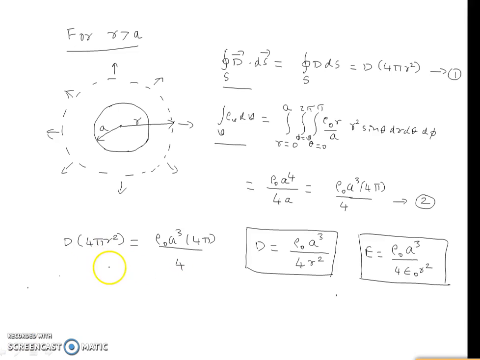So from Gauss law we equate 1 and 2 and we get the expression for flux density D as rho naught a cube divided by 4r square, and because electric field intensity E is equal to D by epsilon naught, we get this expression for the electric field intensity.